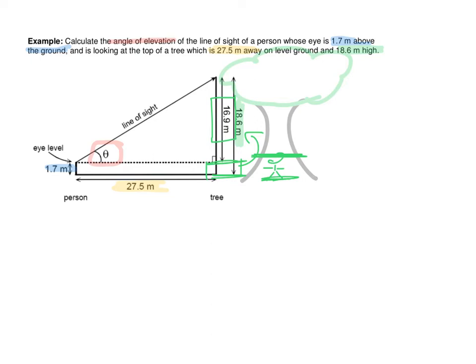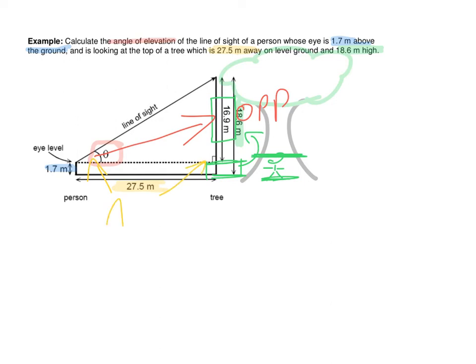Alright, so now that we've broken down the question, let's gain an understanding here. We have our angle of elevation as our reference angle, and across the triangle we have a height of 16.9 meters. That means that 16.9 meters is our opposite. At the base of the triangle, we have 27.5 meters touching the angle of elevation and the right angle.